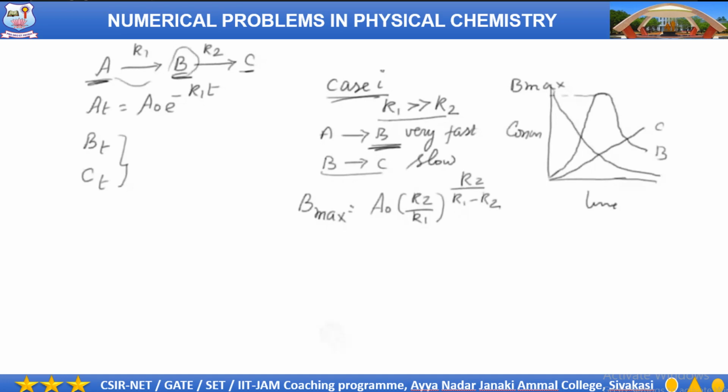Next, T max, the time taken for the concentration to reach the maximum. What is the time taken for this one? The answer is T max is equal to 2.3 into log K1 by K2, the higher by the lower, divided by K1 minus K2.